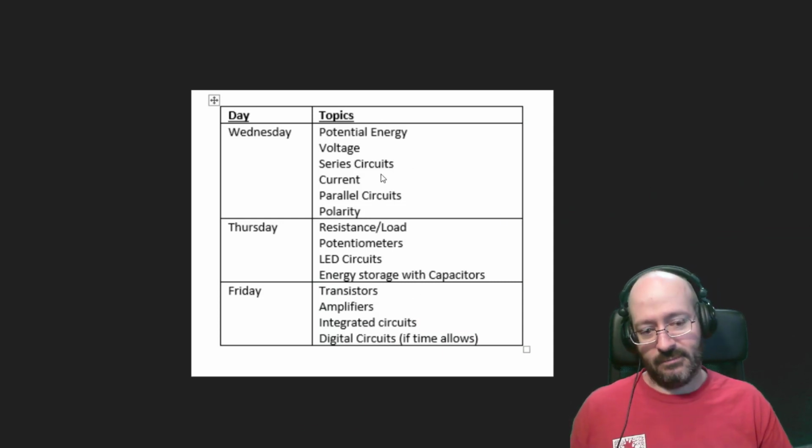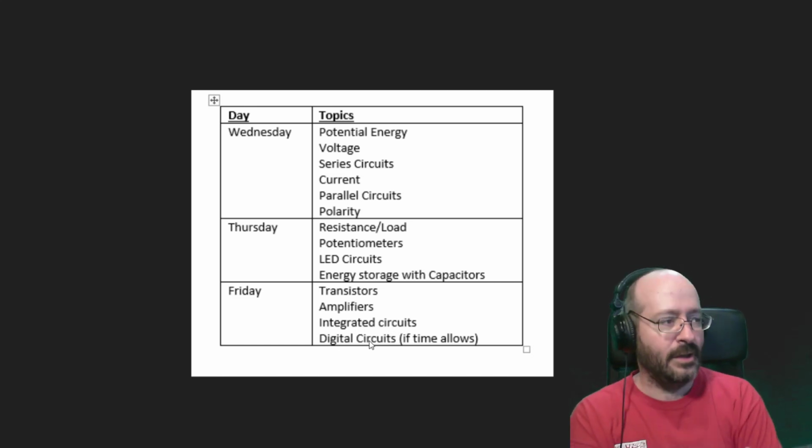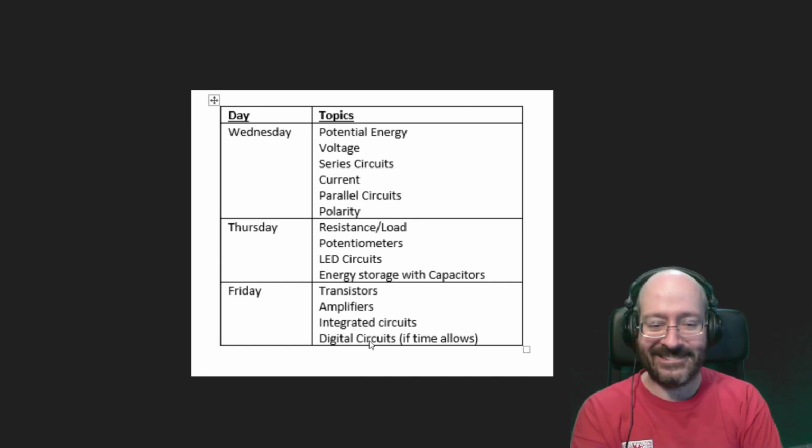I think we're kind of on schedule. I'm a little glad that we had Tuesday, but I wanted to do energy storage and capacitors. So we'll start out with that tomorrow, and then we'll look at transistors and amplifiers. And we may get to play with some of the integrated circuits. I don't know that we'll get to digital circuits, but we'll try, right?